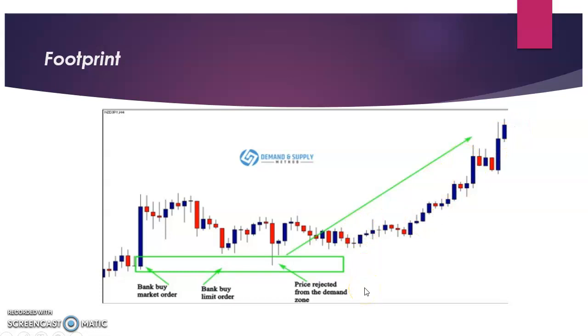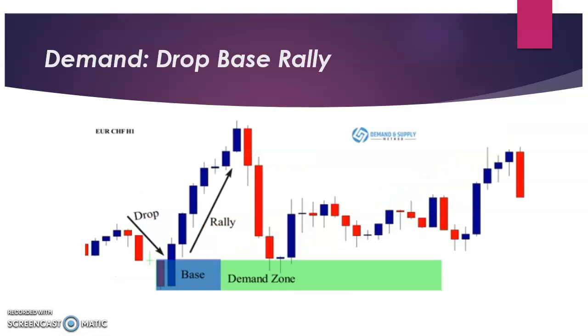Now you can see bank buy limit orders were actually in that place. So when price came into that place, it got filled and price got rejected. Looking at that wick, when you see a wick like this, it's telling you that the price was rejected in that place before it began to move to the upside. So let's quickly move on.